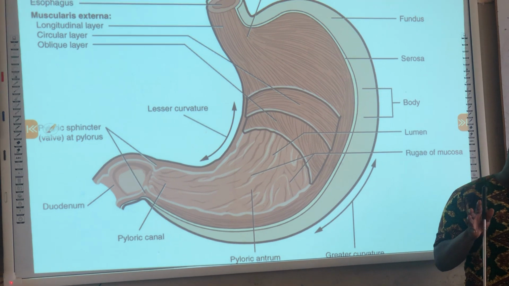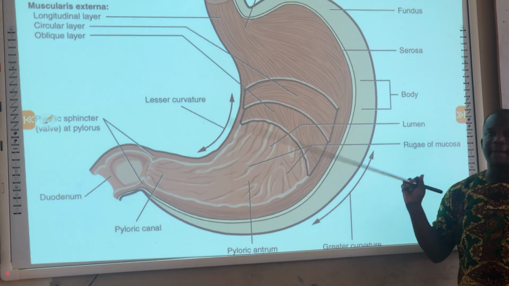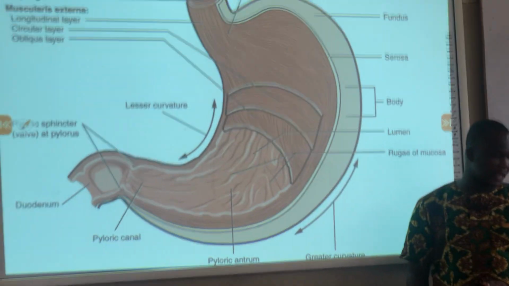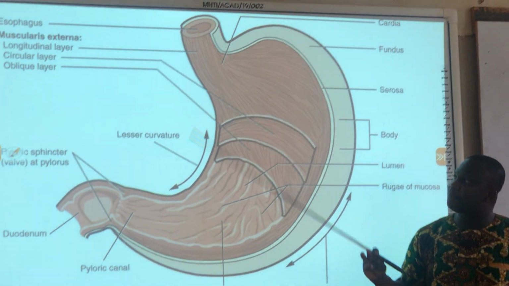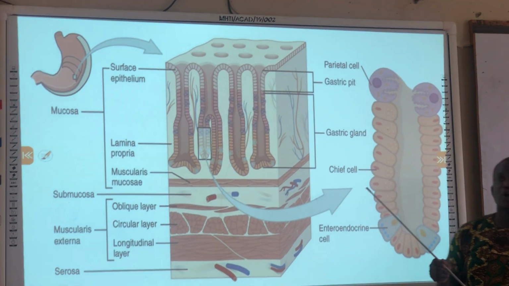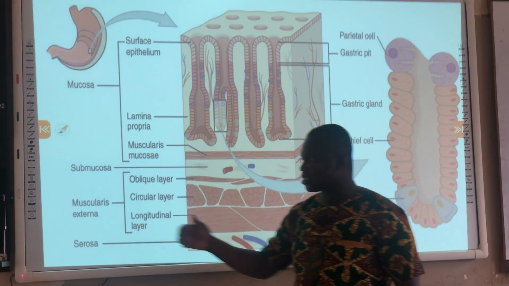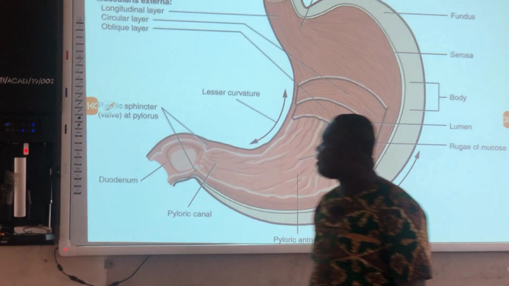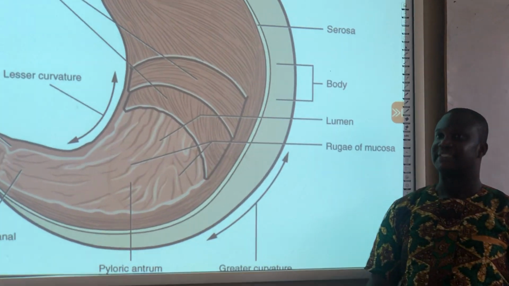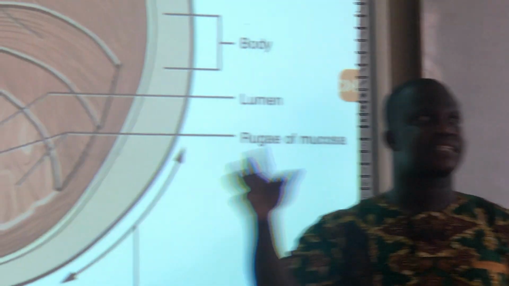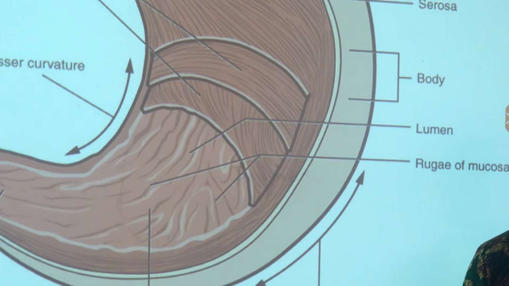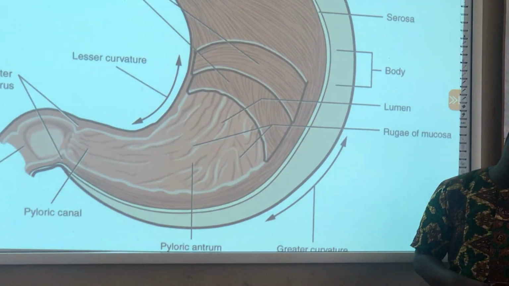That is one aspect. Remember that the stomach is also made up of mucosa and submucosa. The submucosa and the mucosa of the stomach are thrown into numerous folds, and the name of the fold is called what?